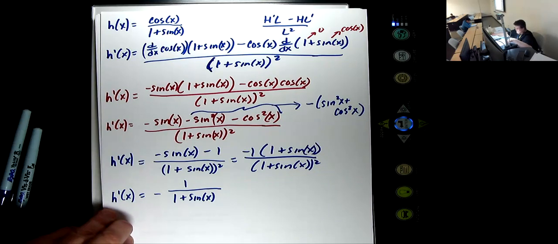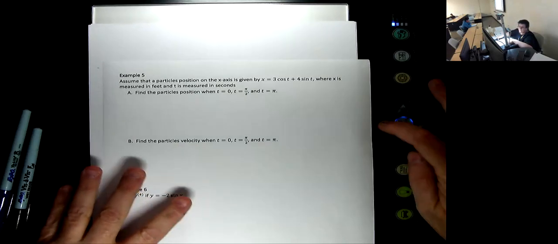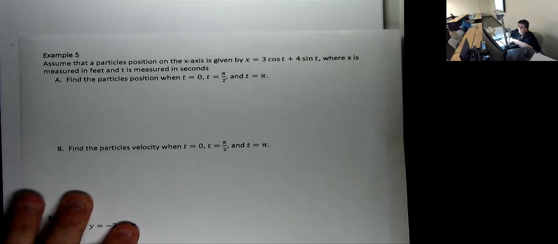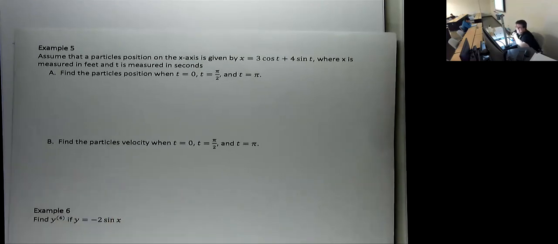For those of you that like a little bit of application, let's apply this. Assume that a particle's position on the x-axis is given by x equals 3 cosine t plus 4 sine t, where x is measured in feet and t is measured in seconds.